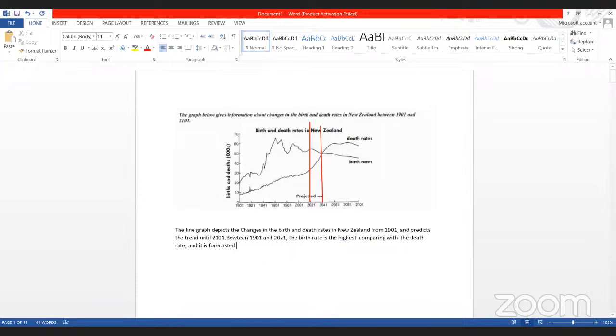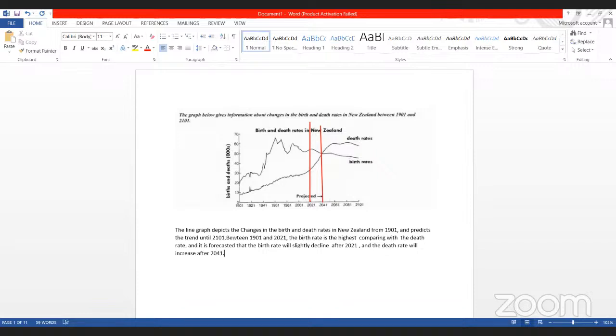It is forecasted that the birth rate will slightly decline after 2021 and the death rate will increase after 2041. So you have talked about the general law, right?